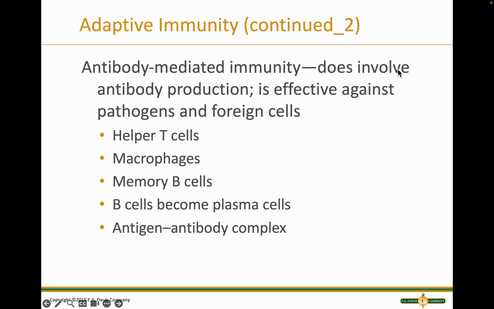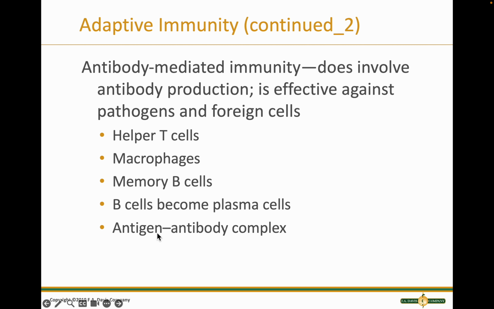For antibody-mediated immunity, it involves antibody production, and it's effective against pathogens and foreign cells. The big players that are important for antibody-mediated immunity are memory B cells, which remember past infections or a vaccine in the case of modern day medicine.